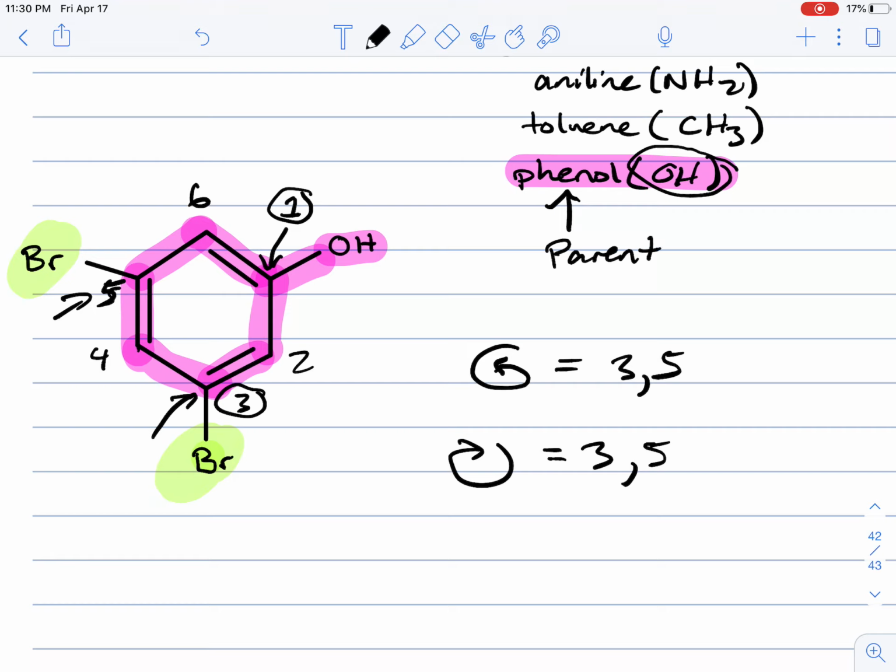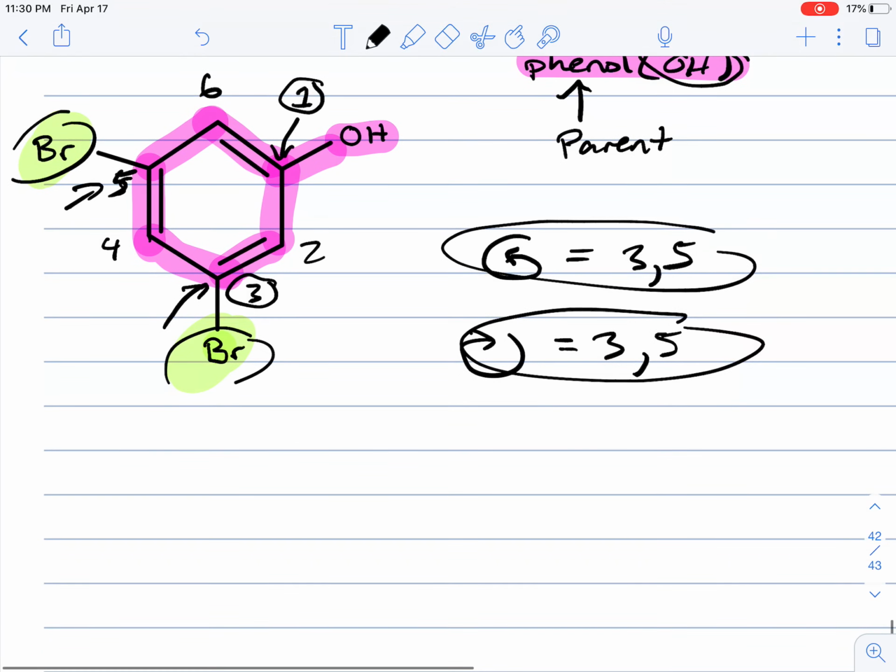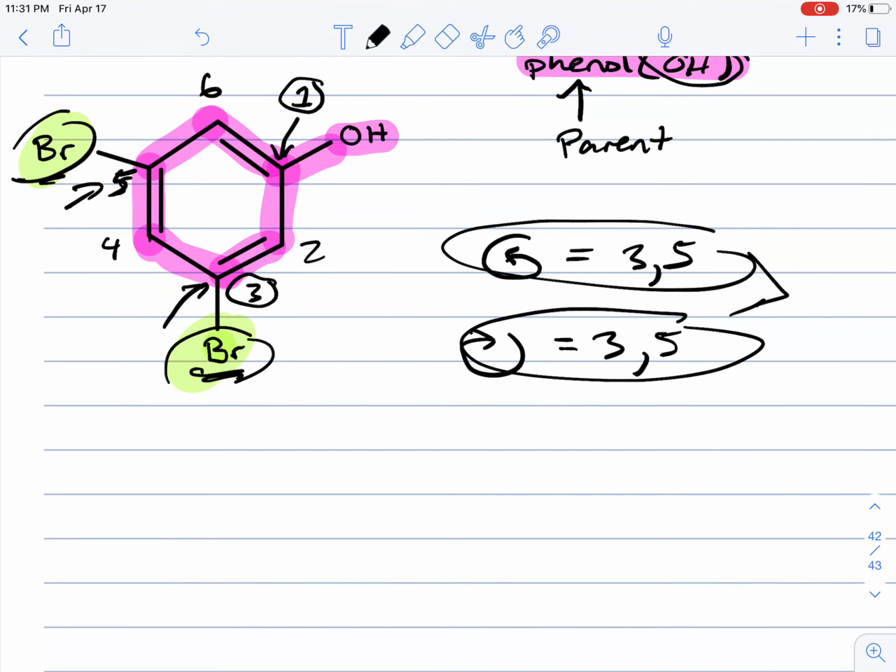So since both of them work, and both of them are the same substituent, it really doesn't matter, it's symmetrical. So both of them are equivalent. And so we're going to describe this as 3-bromo, and I'm going to describe this as 5-bromo.